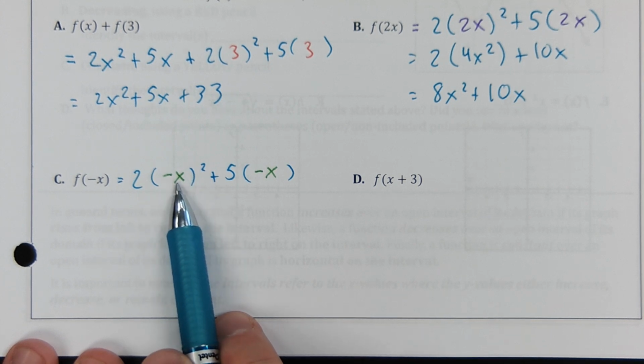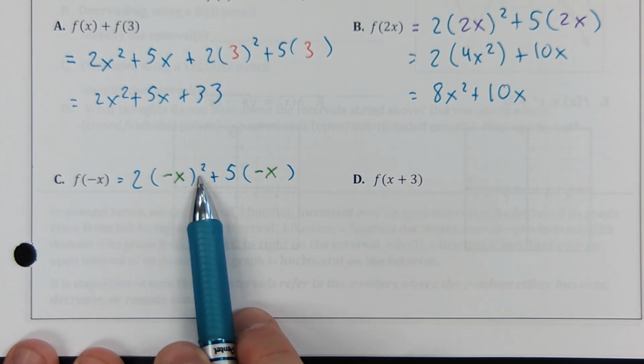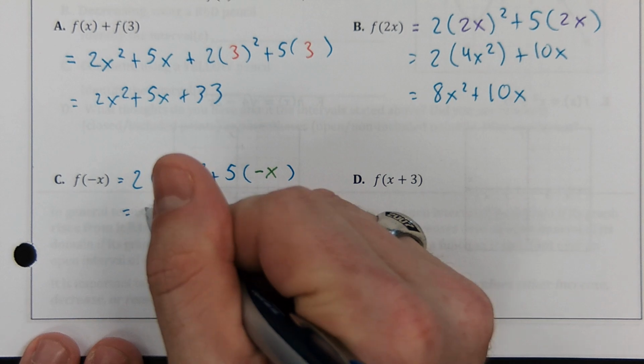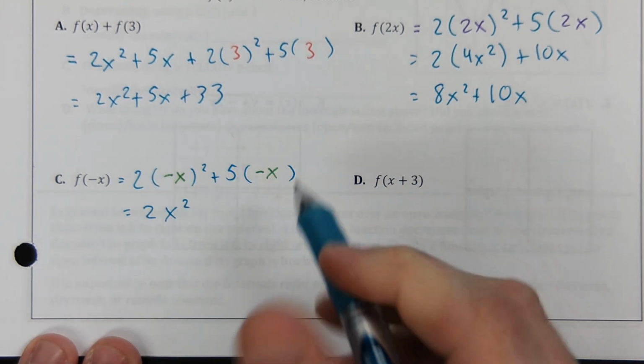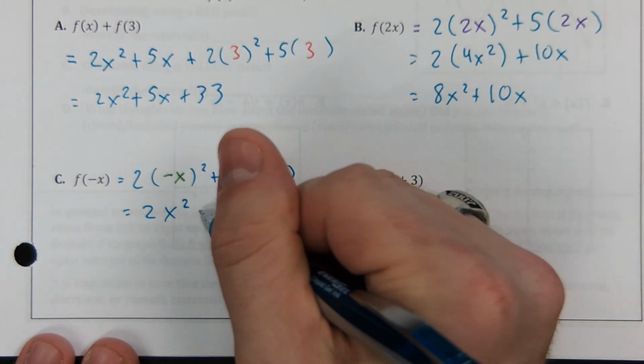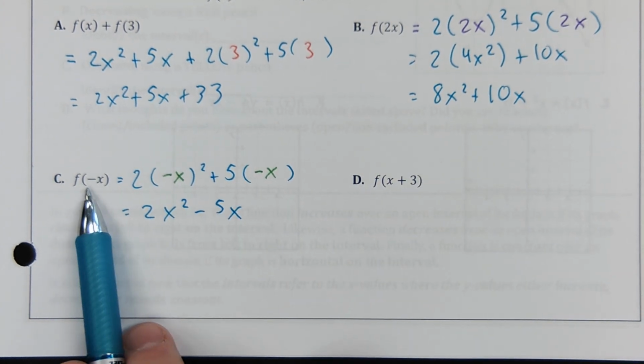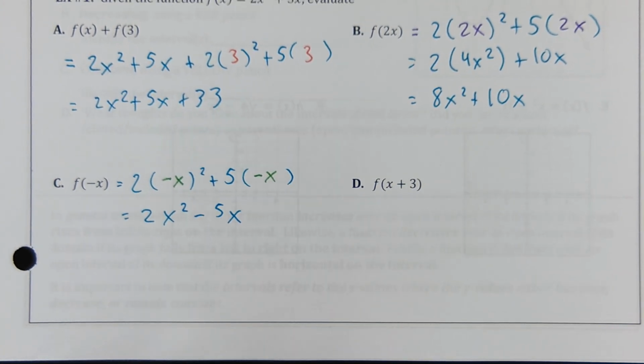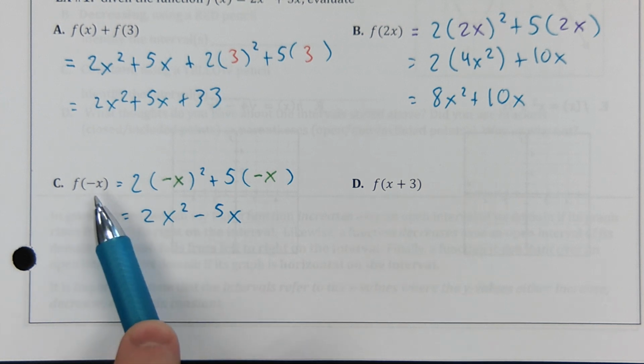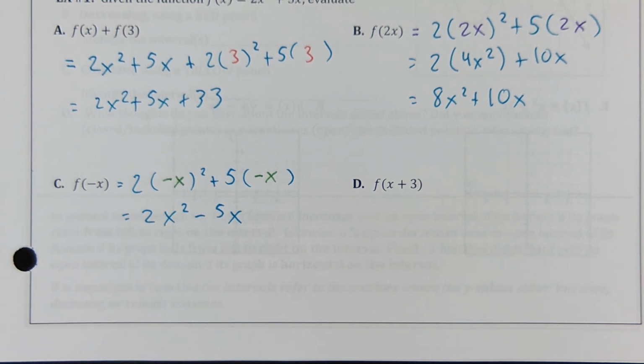So this negative x, quantity squared, just becomes negative x times negative x, which is x squared. So I'm going to get 2 times x squared, and 5 times negative x is just negative 5x. That's also a transformation. Reflect over y-axis, because the x has changed from positive to negative.